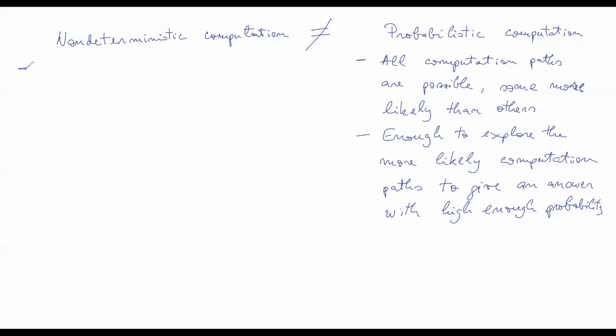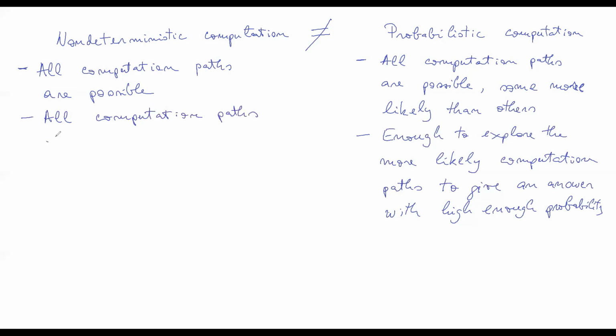So obviously, you have all computation paths possible. So all of them have to be explored. All computation paths are possible. All computation paths lead to some answer, whether it's accept or reject, but they all lead to some answer.